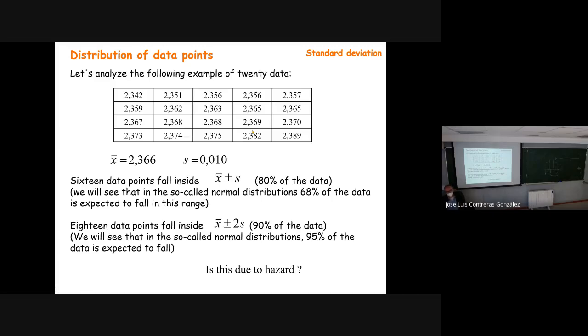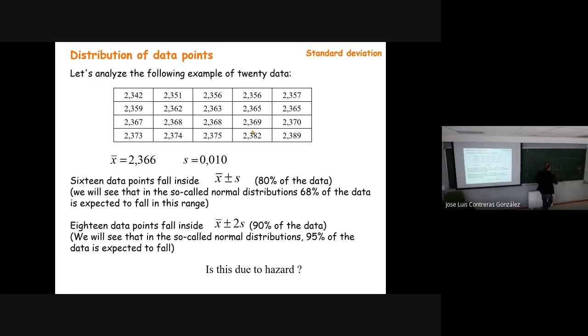Okay, we have defined the mean and this standard deviation, and it looks just like a way to estimate the width. Okay, the width of our so-called mountain, very well, but it has some surprising mathematical properties. Imagine you have this table of 20 data, you compute the mean, you compute the standard deviation, you find 0.0010, and then you count how many points are between the mean plus the standard deviation and the mean minus the standard deviation.